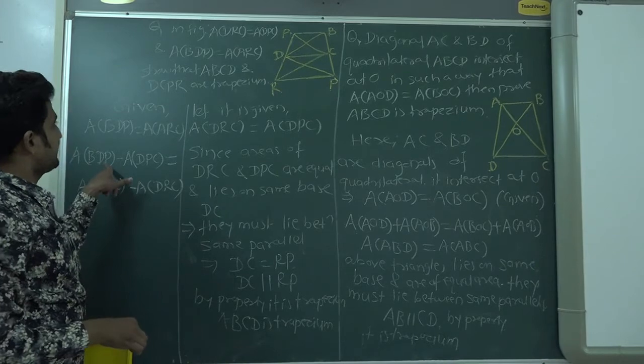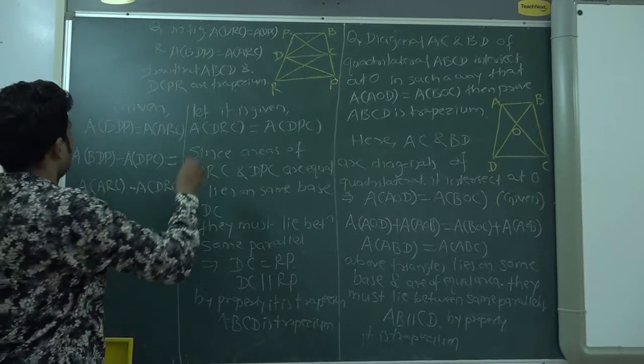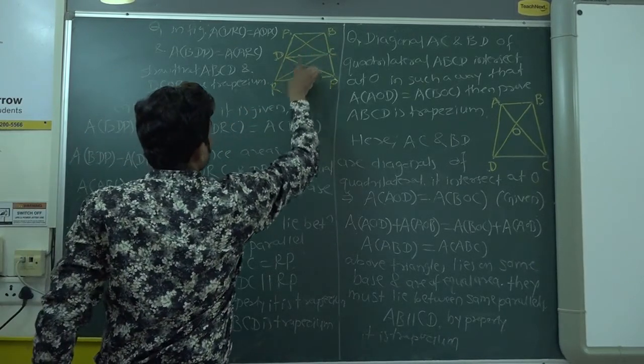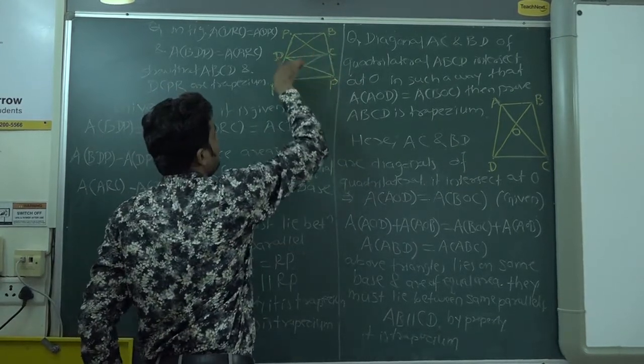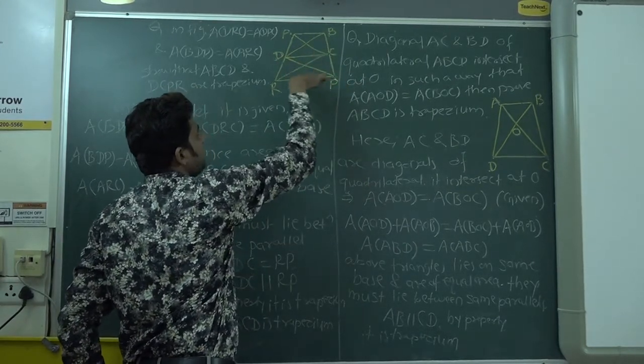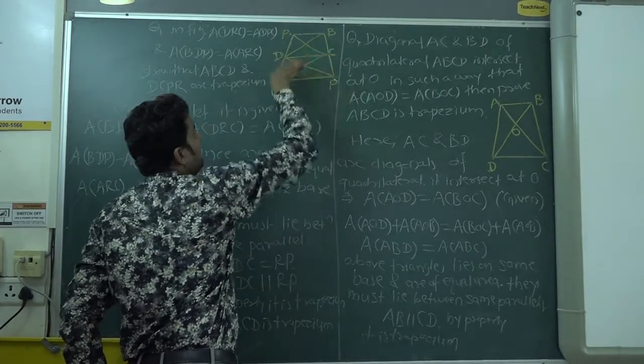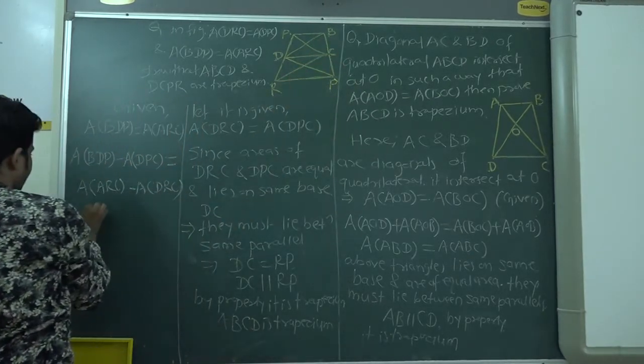Now, if we subtract BDP minus DCP, dear students, from BDP we are subtracting this DPC, then what do we get? BDC, exactly.